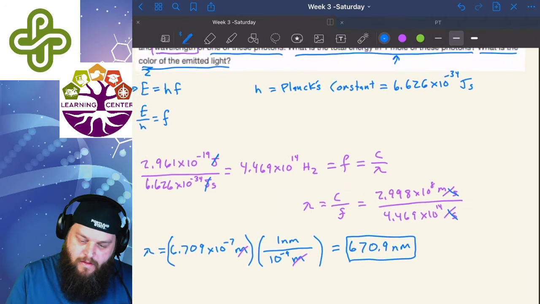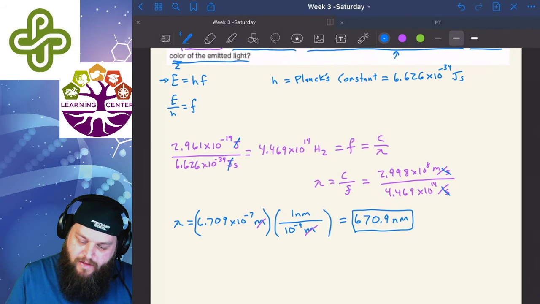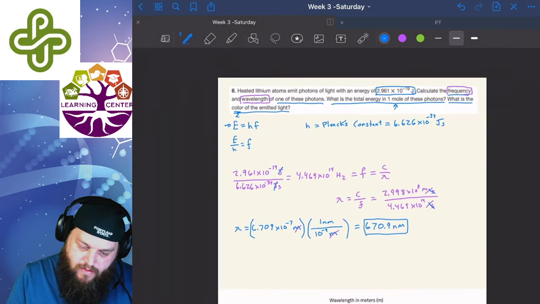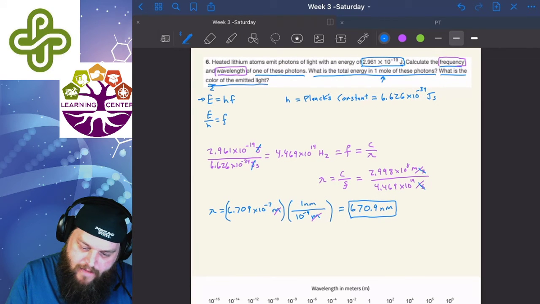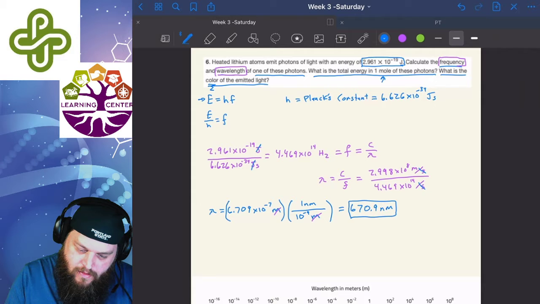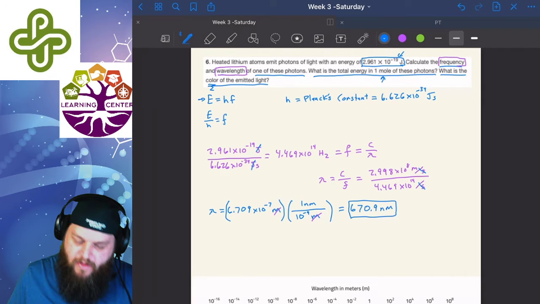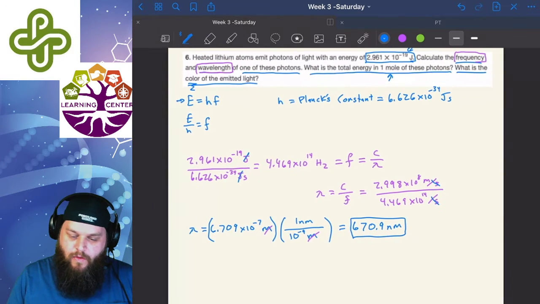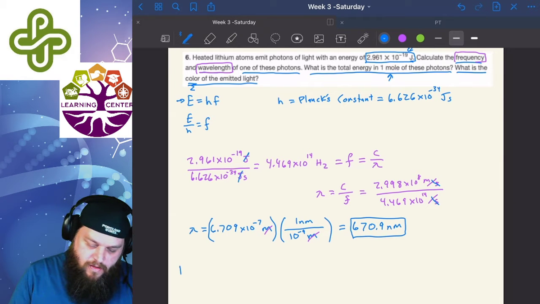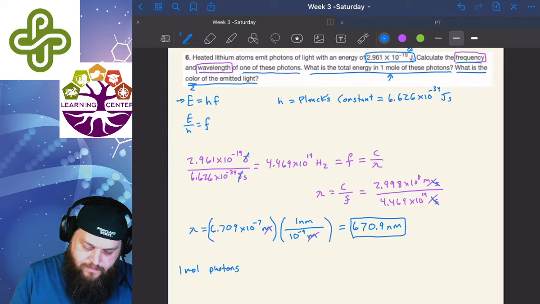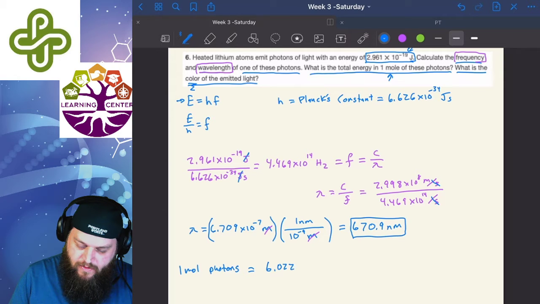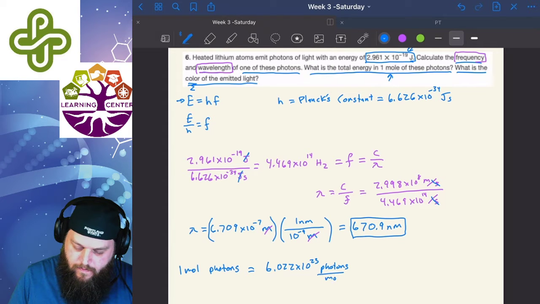Now, we can then determine this here. They gave us the energy of one photon. They wanted to know what is the energy of a mole of photons. So 1 mole of photons is going to be equal to Avogadro's number, 6.022 times 10 to the 23rd photons per mole.